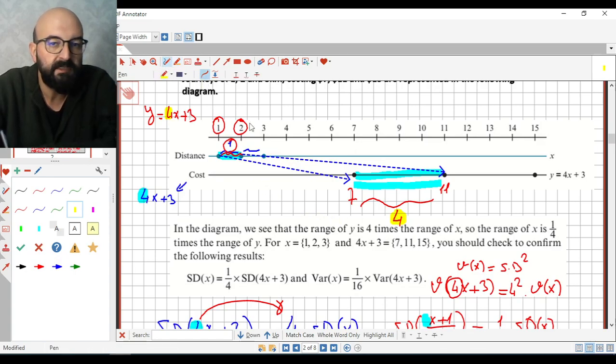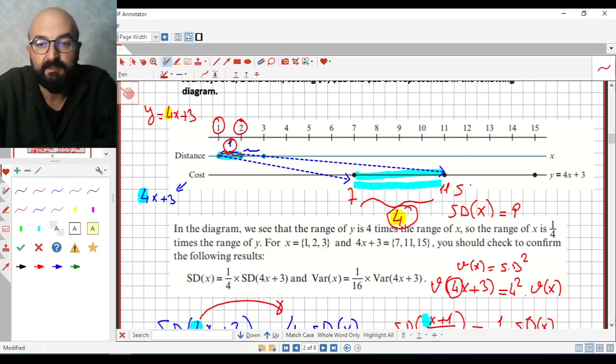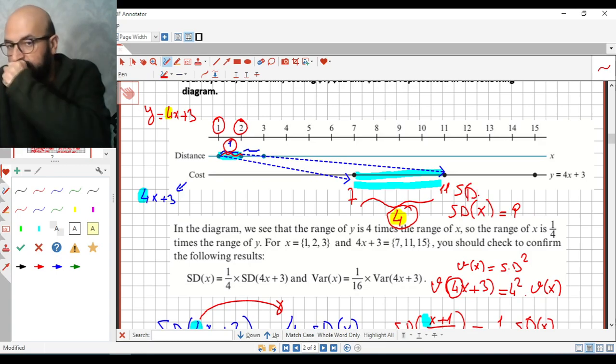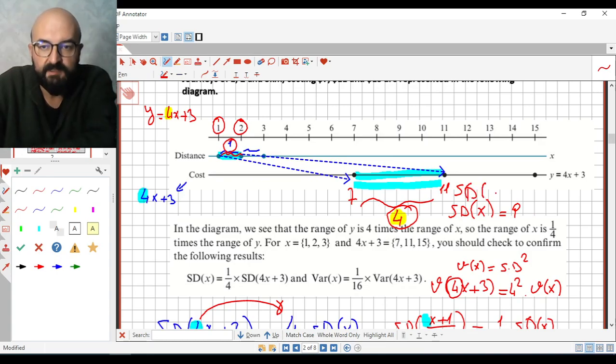So if the intervals become 4, we can say that if the standard deviation of x is, for example, p, then the standard deviation of 4x plus 3 becomes 4p.